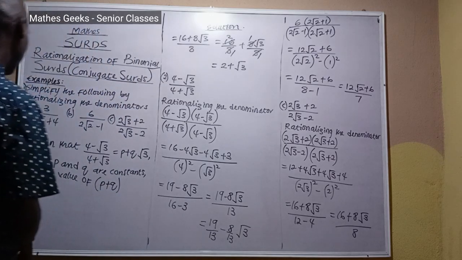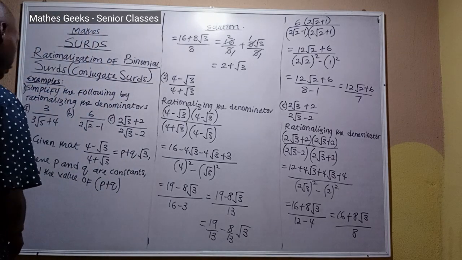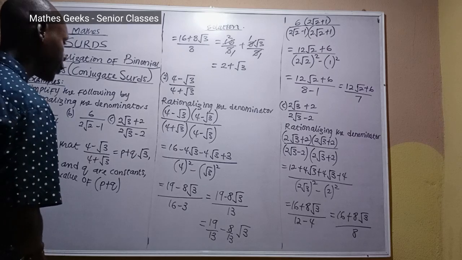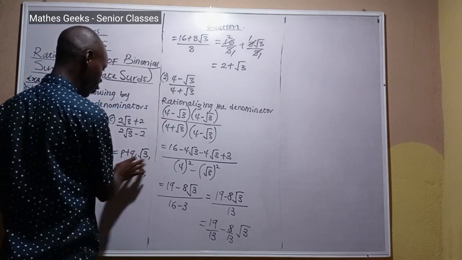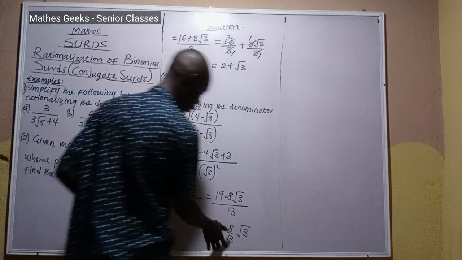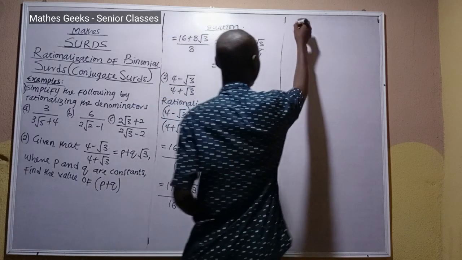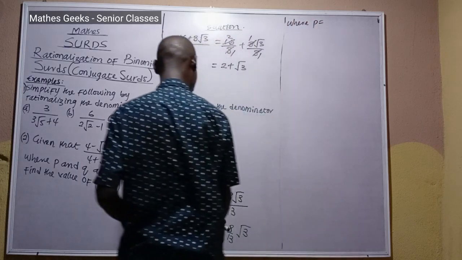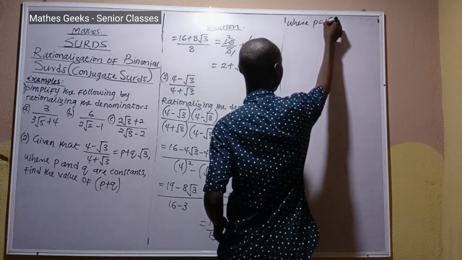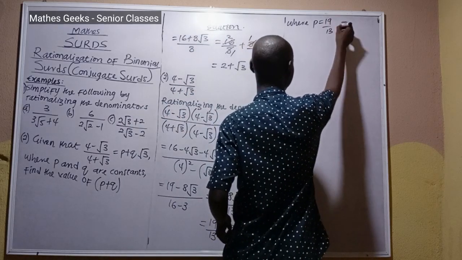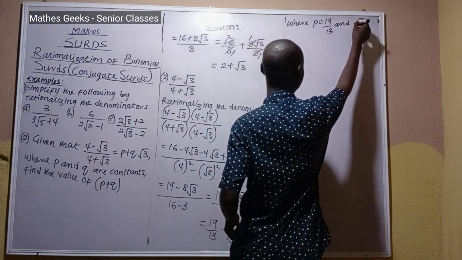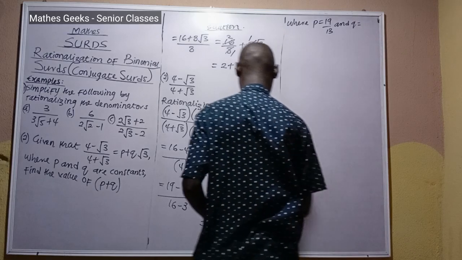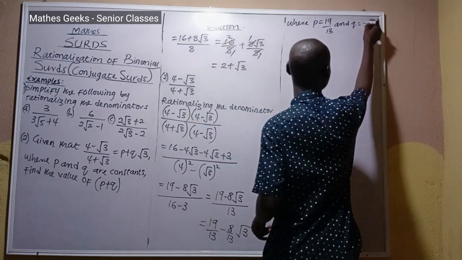So now, where P and Q are constants, find the value of P plus Q. So that is P plus Q root 3. Here from our solution, the value of P is 19 over 13 and Q is equal to minus 8 over 13.